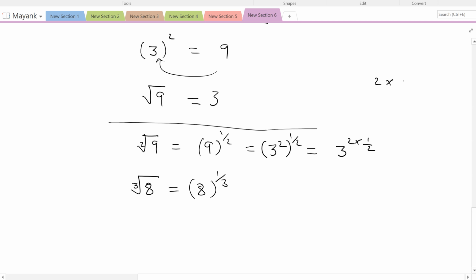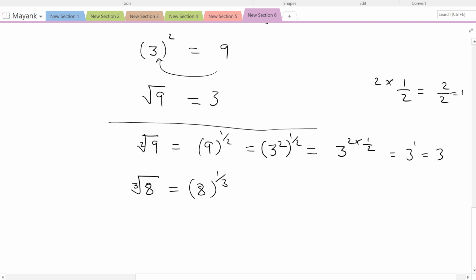Because 2 times 1 over 2 means 2 over 2, which is 1. So we got 3 power by 1. 3 power by 1 means 3. That means we proved square root of 9 equals 3. And that way is exponent. We convert it to the exponent and then simplify that.